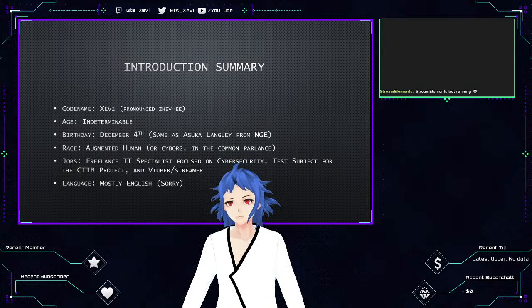So since we are connected via the information bridge, our age is not exactly determinable by normal standards.